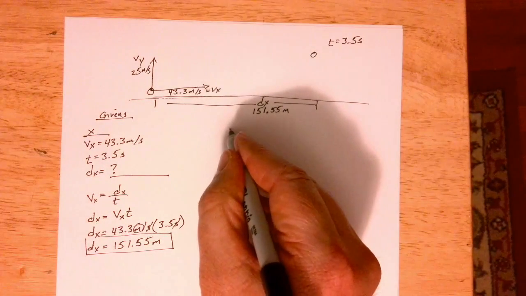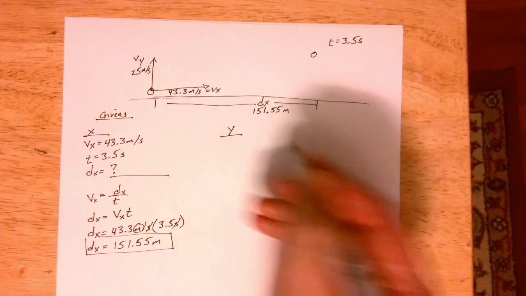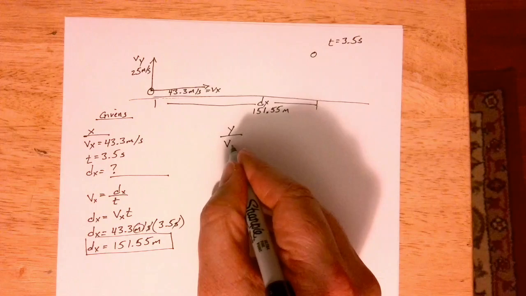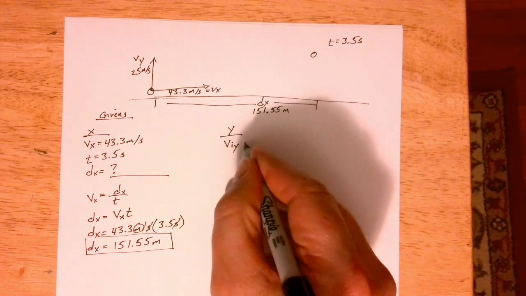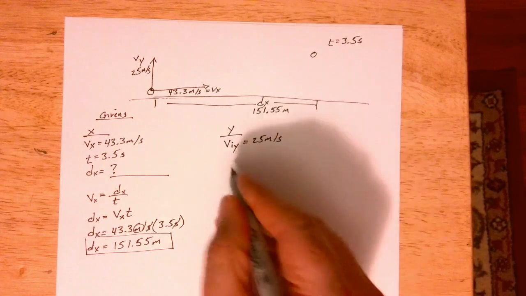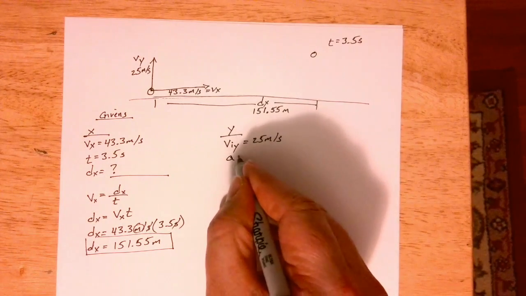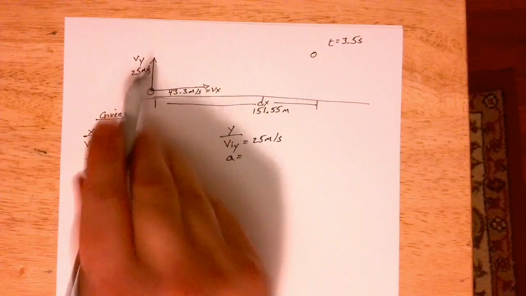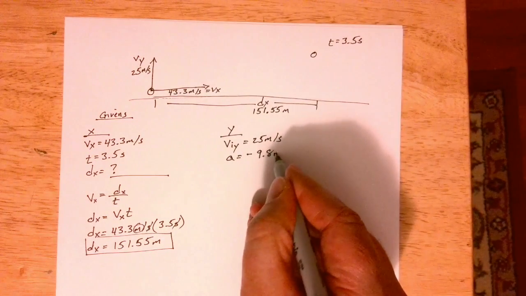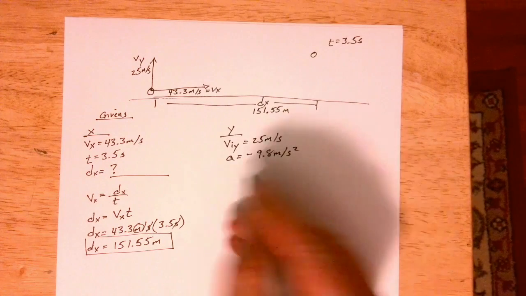For the givens in the y direction, the initial velocity in the y direction is 25 meters per second. The acceleration, because it's being thrown upward, is going to be negative 9.8 meters per second squared.